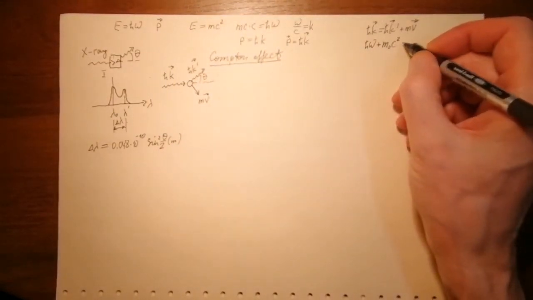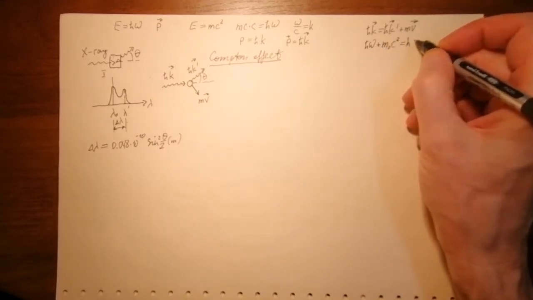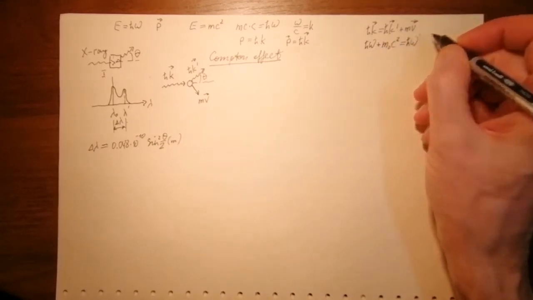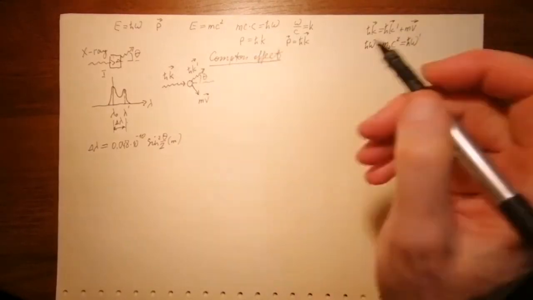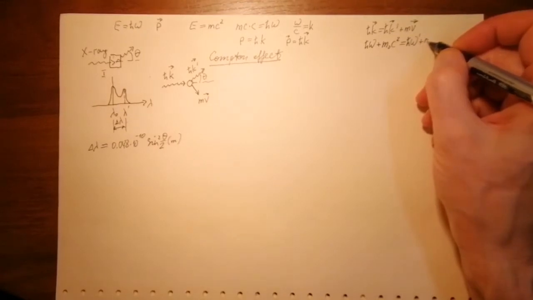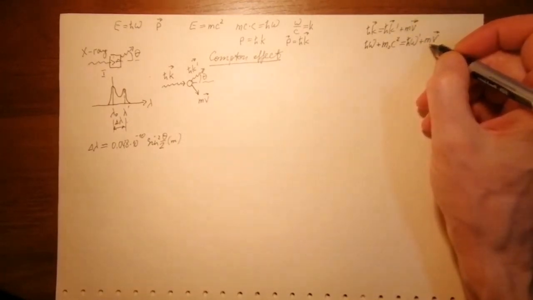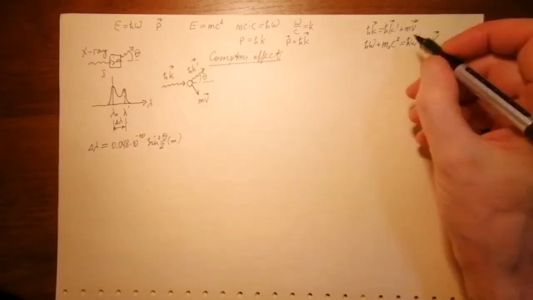After scattering, h omega prime is the energy of the scattered photon, and the electron has energy mc squared, where m is the relative mass.